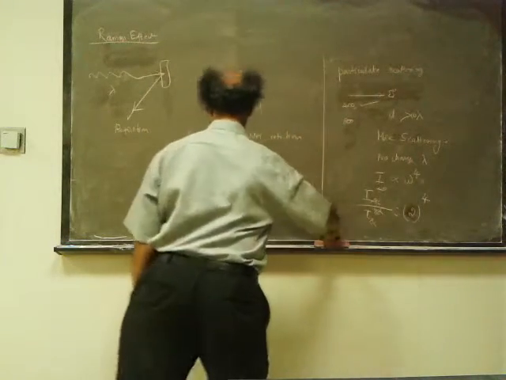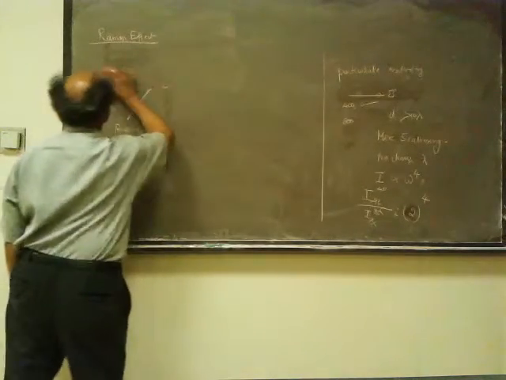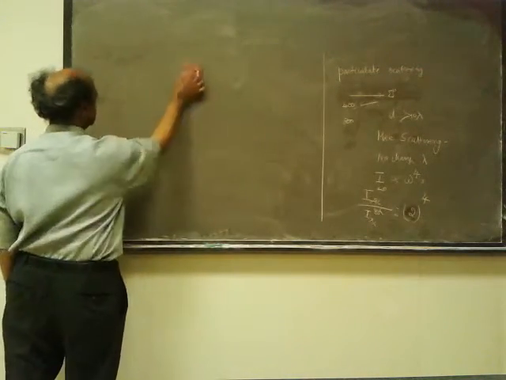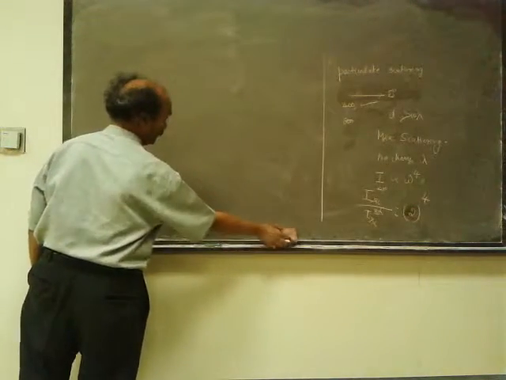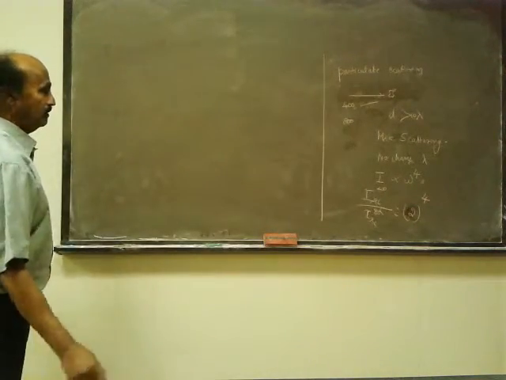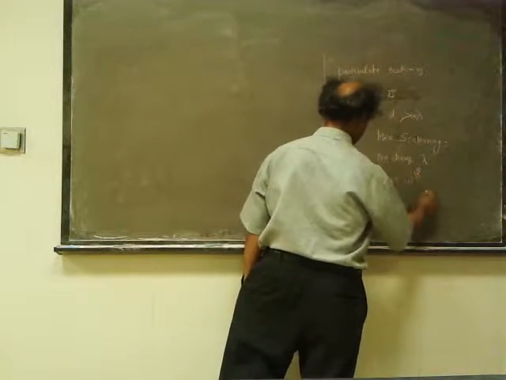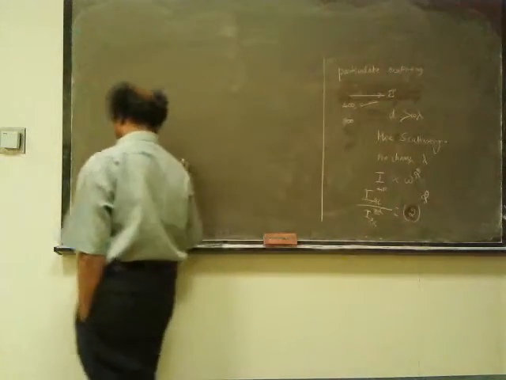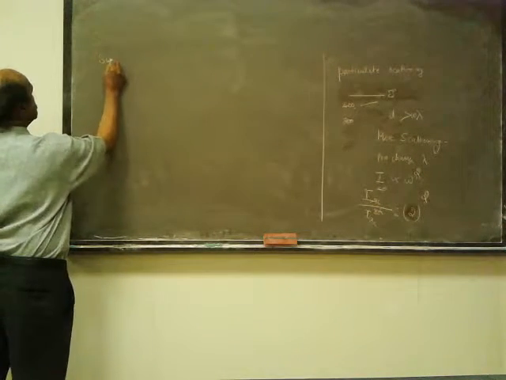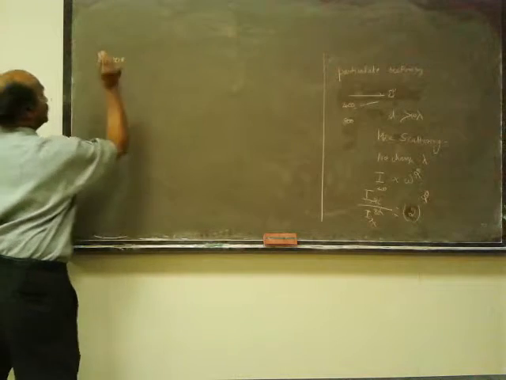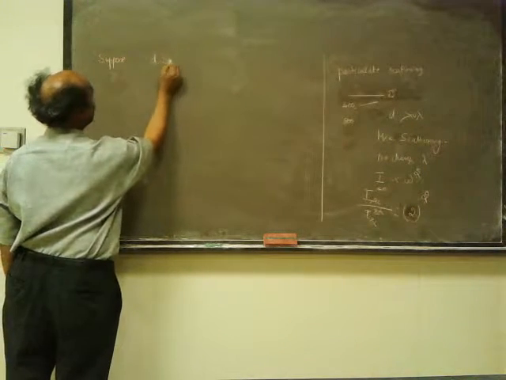Next step. Next step is this one. No, this is 1 minute. This is square. Let us go to the next step. Suppose d is comparable to lambda.